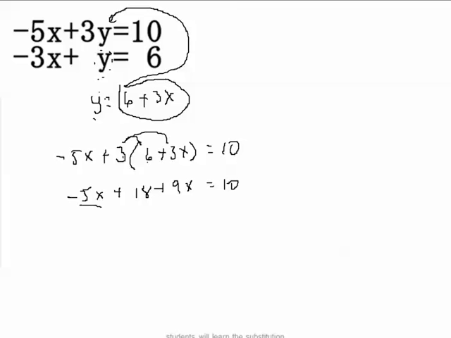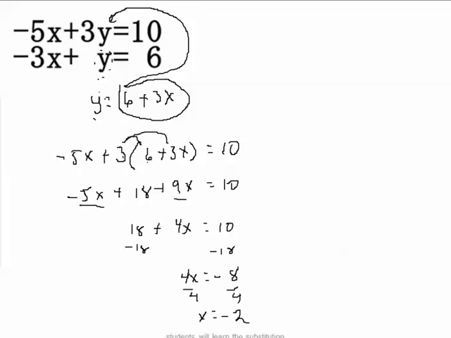Well, I've got a negative 5x and a 9x. I can combine those together. Negative 5 plus 9 gives me 4x plus 18 equals 10. I'm going to subtract the 18 from both sides of my equation, and I'm going to get 4x is equal to negative 8. I'm going to divide by 4, and I'm going to get x is equal to negative 2.